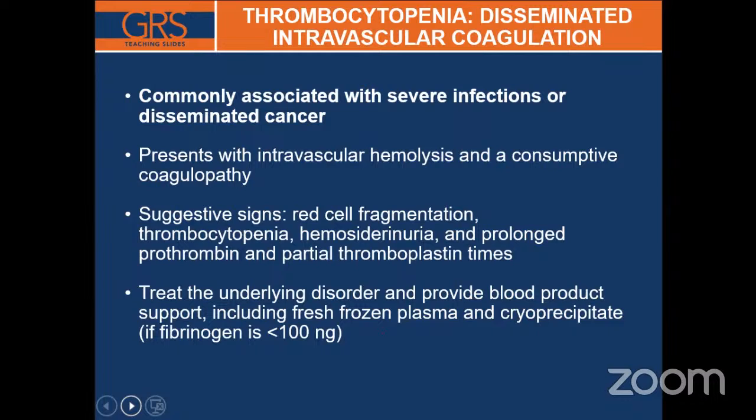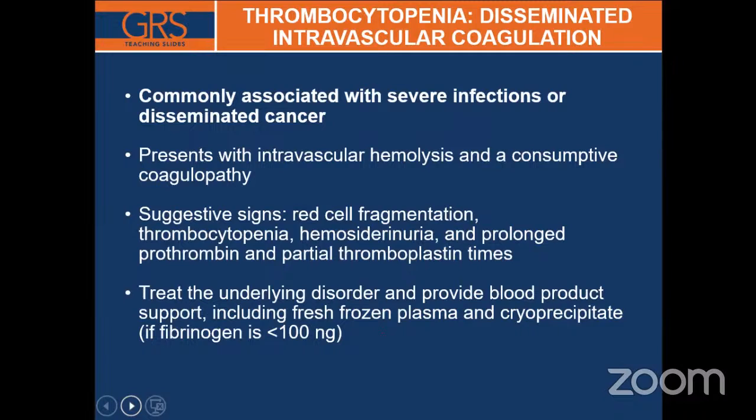Basically you present with intravascular hemolysis and a consumptive coagulopathy. Consumptive coagulopathy means that you're over-consuming your coagulation factors. So you're making thrombosis, but there's also hemolysis at the same time. There are signs, let's say red cell fragmentation, thrombocytopenia, because you're also breaking platelets as well.